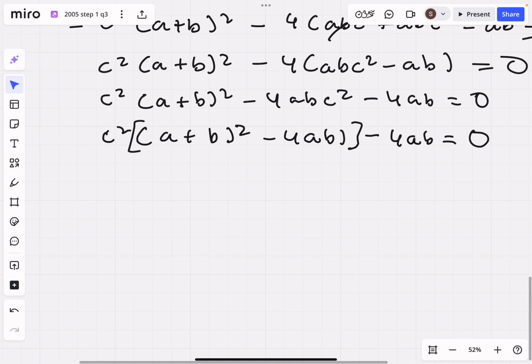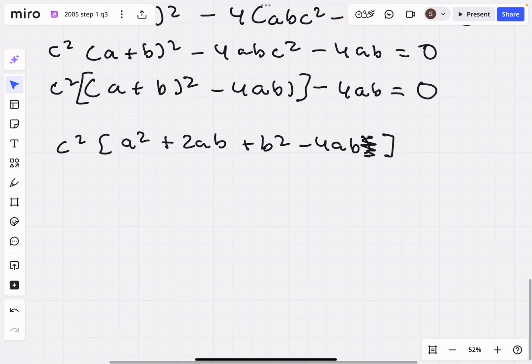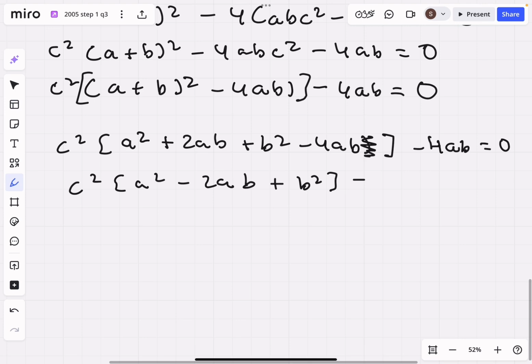And now I want to expand the inside of the bracket. So it's a squared plus 2ab plus b squared minus 4ab, and this becomes c squared times (a squared minus 2ab plus b squared) equals 0.